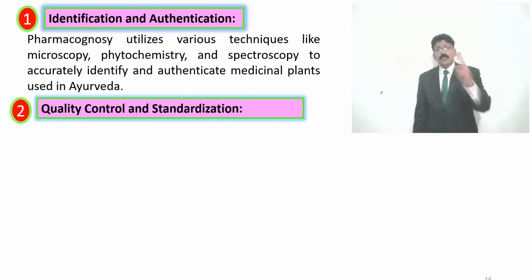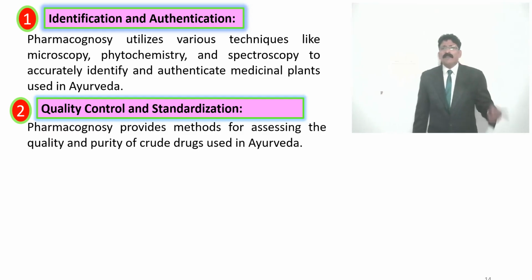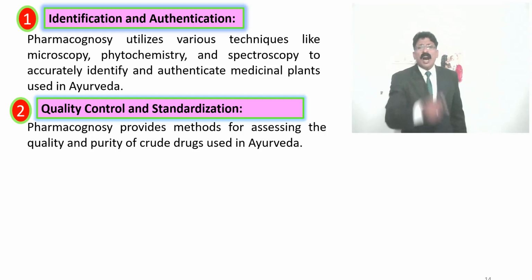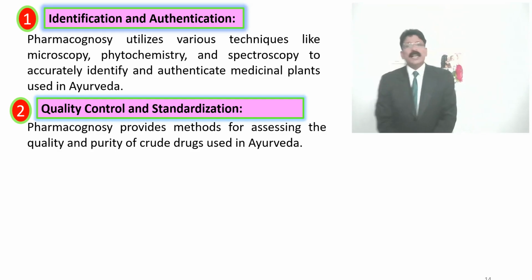Number two, quality control and standardization, in which pharmacognosy provides methods for assessing the quality and purity of crude drugs used in Ayurveda.